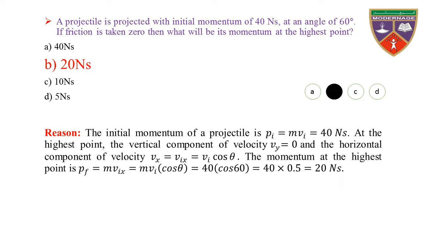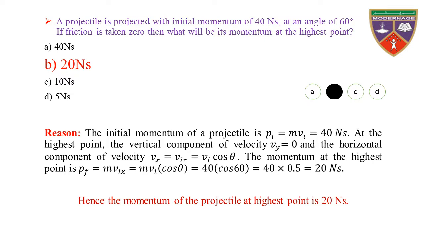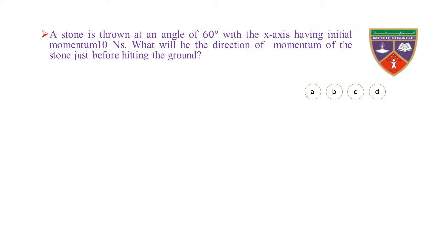Or we can say that Pf is equal to mvi cos theta, which is equal to 40 into cos 60, which is equal to 40 into 0.5 because cos 60 is equal to 0.5, which is equal to 20 Newton seconds. Hence, the momentum of the projectile at highest point is 20 Newton seconds.